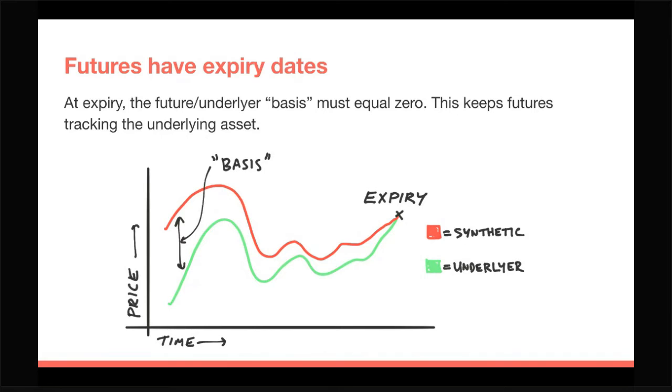And what we have by pure arbitrage is that this basis, we know at expiry, will equal 0 because an arbitrageur can buy the cheap thing and sell the rich thing. And at expiry, they can convert the two between each other. So we know that this expiry date is going to bound the price of the synthetic to at least reasonably track the underlying asset. Next slide, Fernando.